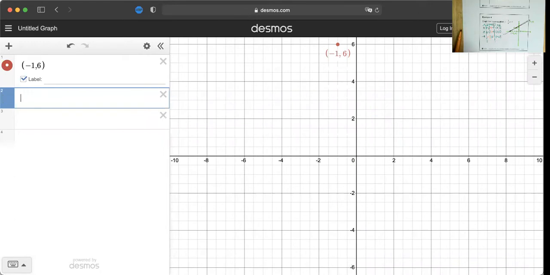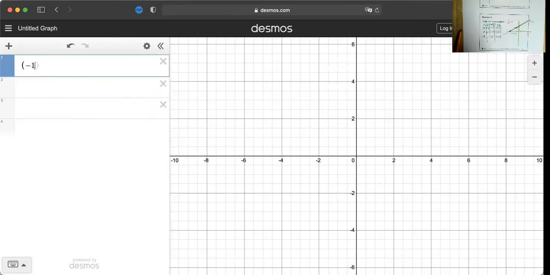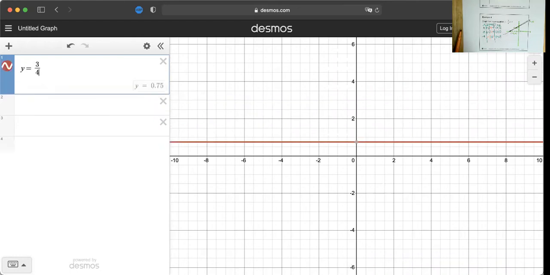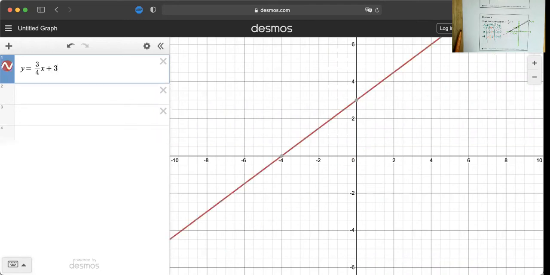All right, so we have y equals 3/4 x plus 3, okay?